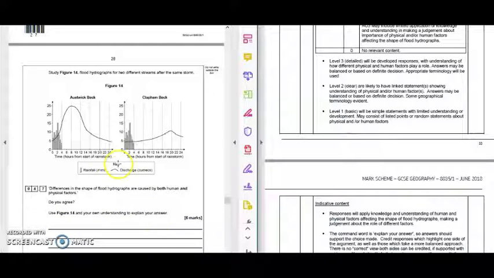So a lot to do there, but as a minimum, use the figures, try and work out the lag times, and suggest that both human and physical factors can change the shape of the hydrographs.